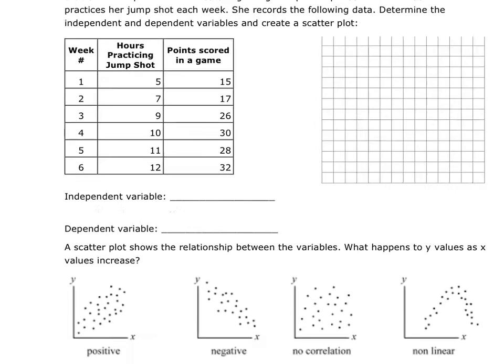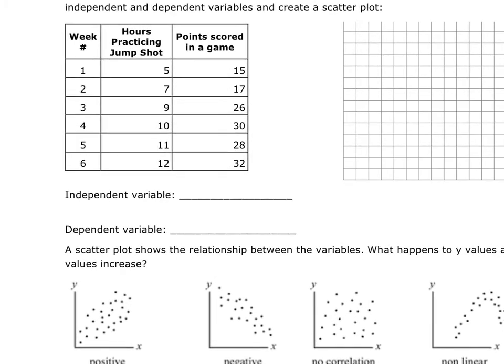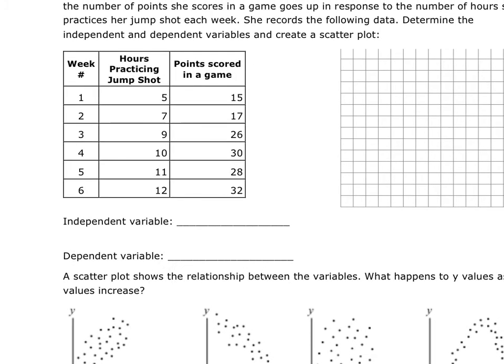So we've got two variables here. We've got hours practicing her jump shot and then points scored in a game. Okay, so we want to identify, well, which one seems to be dependent on the other? Which one seems to be the result of the other one happening? And so that is going to be the points scored in the game.